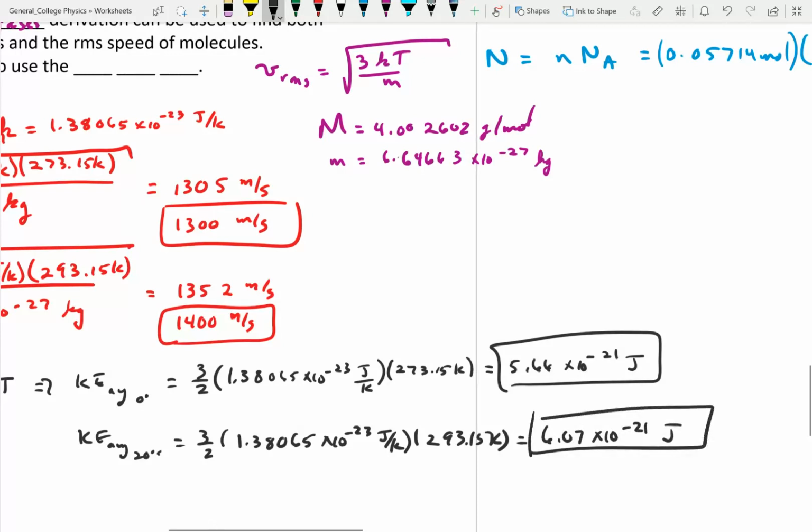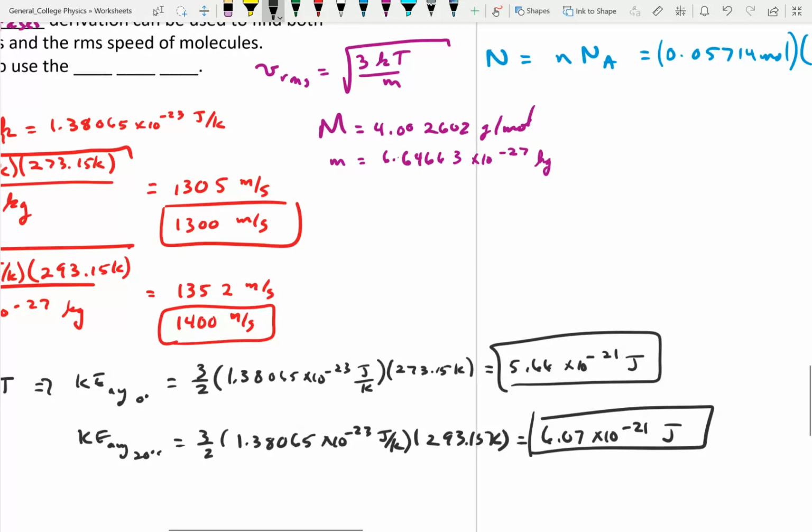So the molecules are moving relatively quickly, 1,300 meters per second. That is roughly 4 times the speed of sound. That's going pretty fast, right? Why is that faster than the speed of sound? Well, if you think about it, air is basically nitrogen, which has a molecular mass of 28, whereas this is helium with a molecular mass of 4.